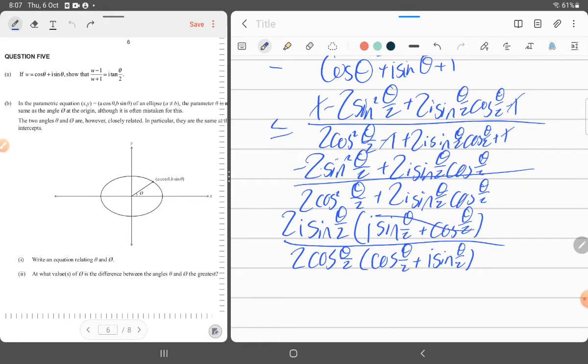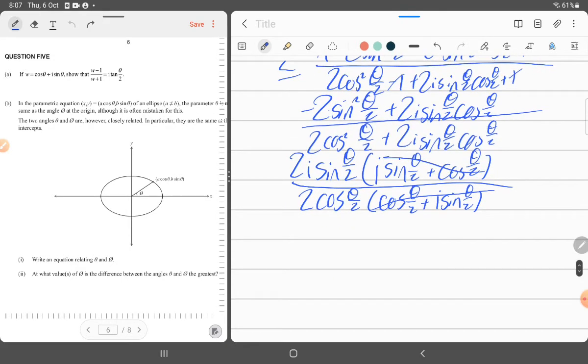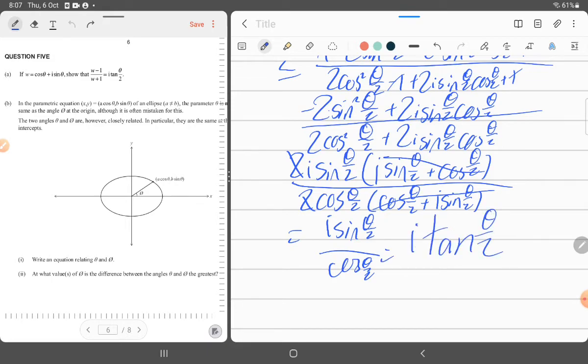These two cancel out, and this cancels out, which leaves I sine theta over 2 over cosine theta over 2, which is equal to I tan theta over 2. Oh, that's very lovely.